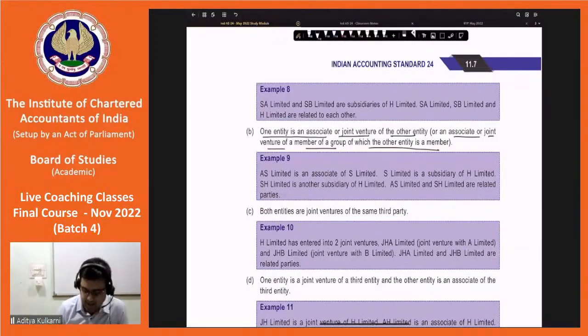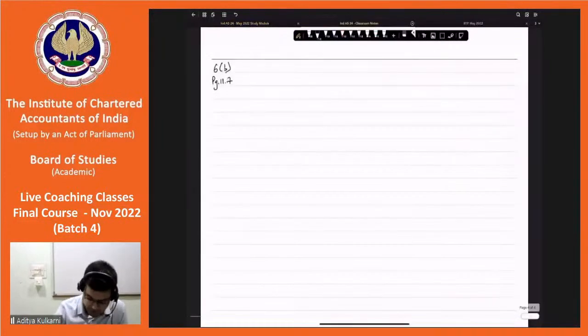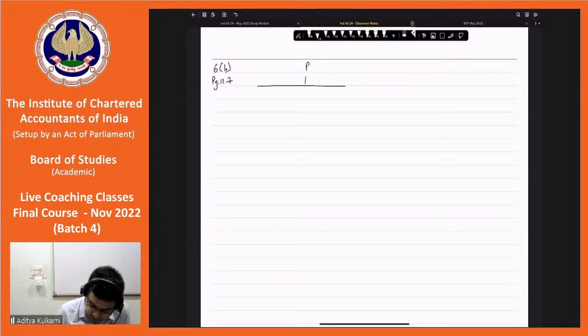One entity is an associate or a joint venture of the other entity. So we have a company P. P has a joint venture J and an associate A. You are preparing P Limited's financials.